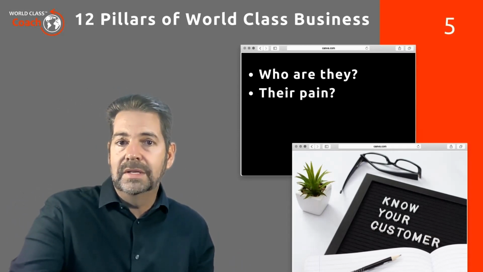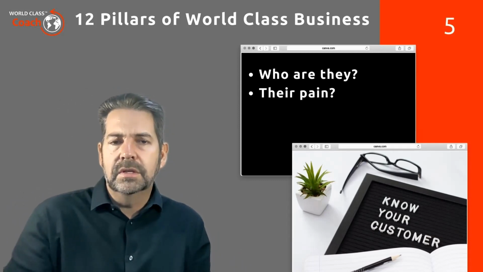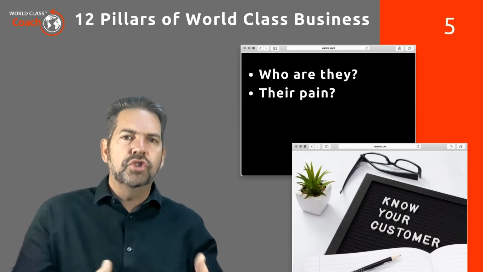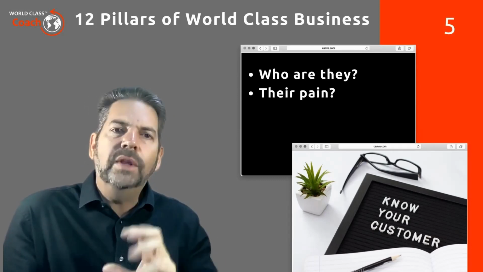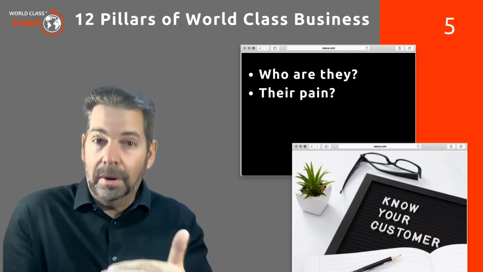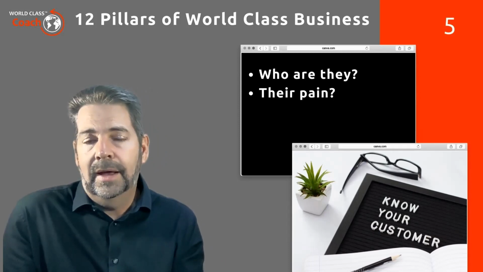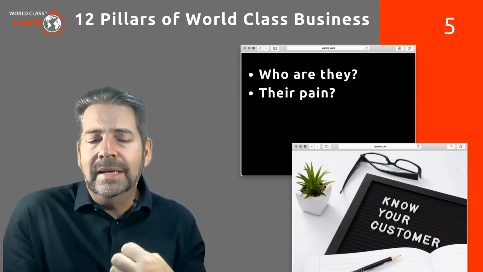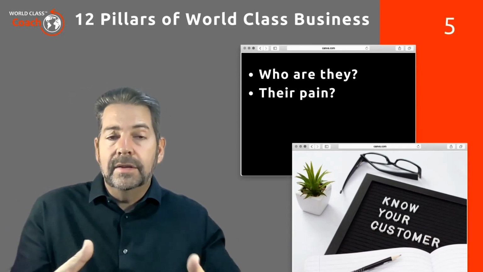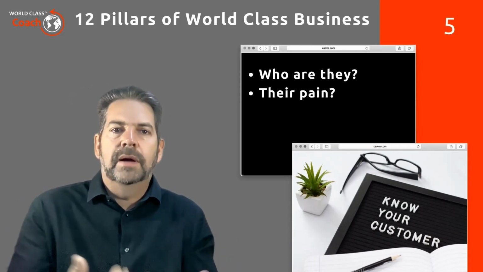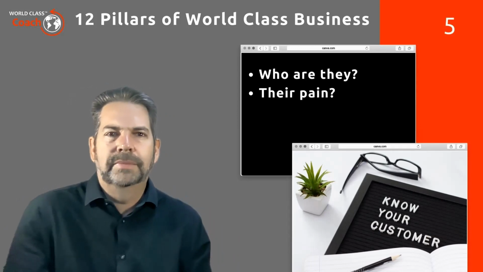The second question is, what are their pains? What is the problem that I'm solving for this specific client? If I know what the pain is, what the problem is that they have, then I can understand how to position my product so that I can show them that my product will solve the pain or the problem that they have.